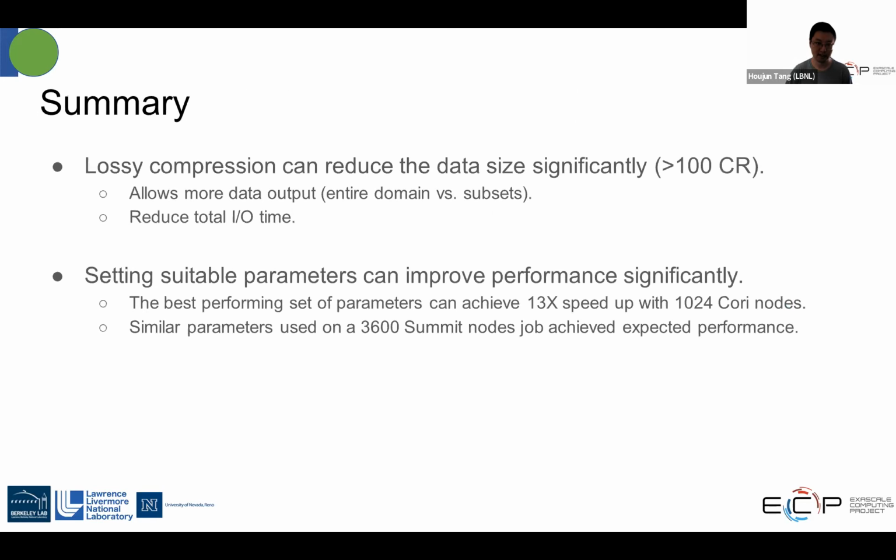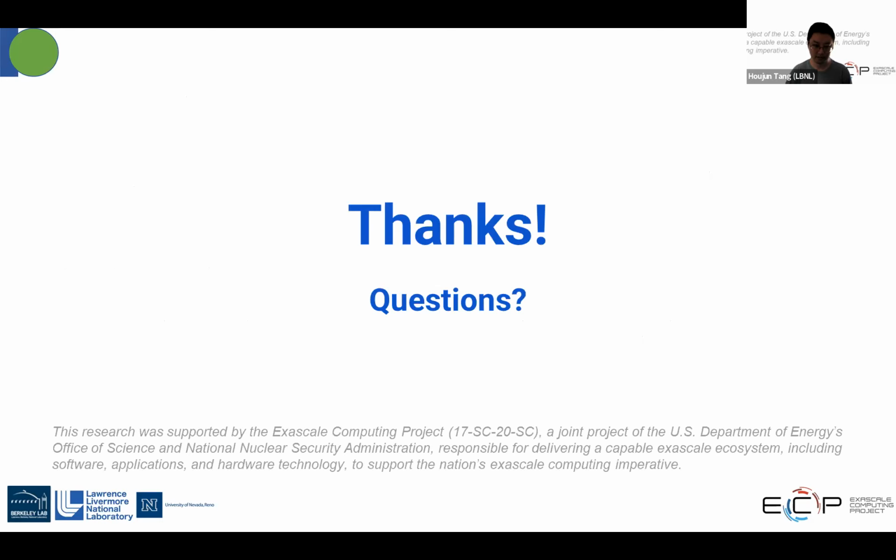In summary, lossy compression helps us a lot to reduce the total size. It enables us to output more data and also reduces the total IO time. Another side note is that setting suitable parameters across the software stack can impact the performance significantly. So that concludes my talk. Thank you.